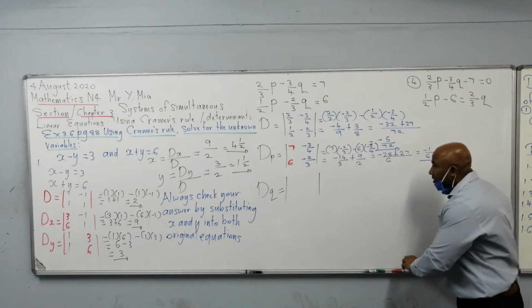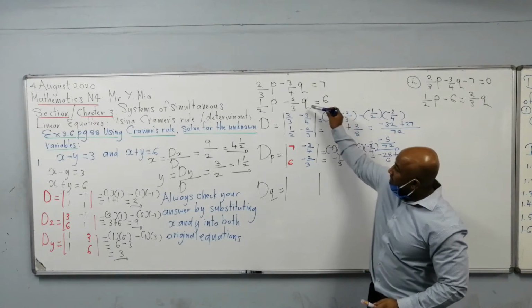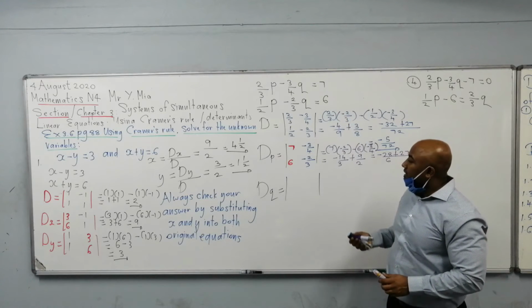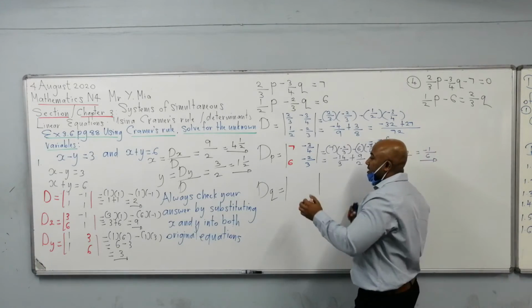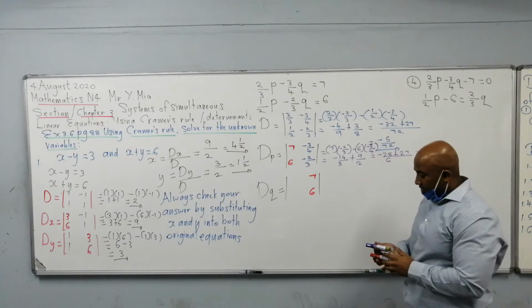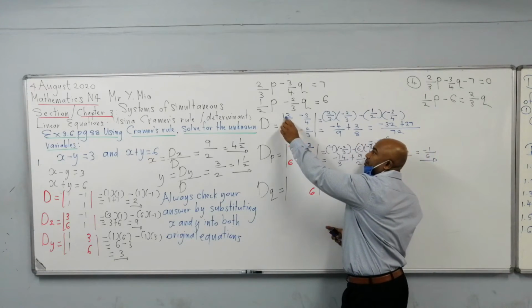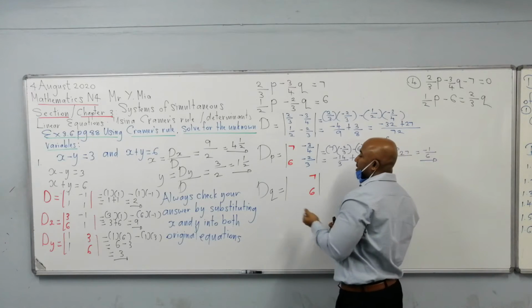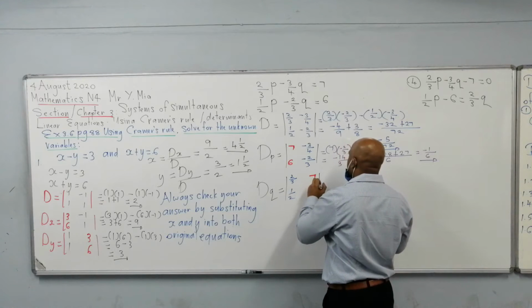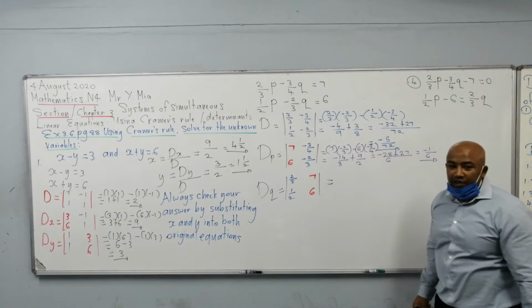Then for dQ, go back to the original determinant of coefficients and then replace the Q column with the constants 7 and 6. The original coefficients of P will remain the same. Evaluate.